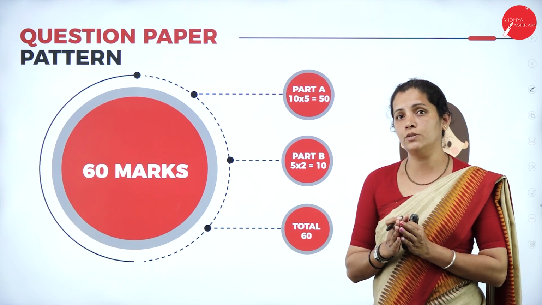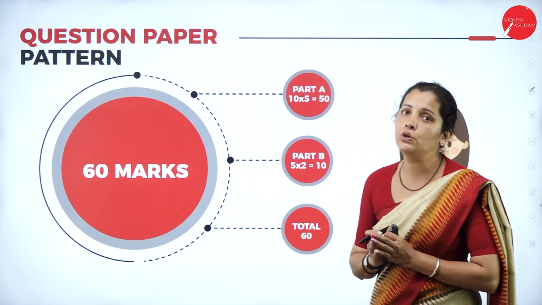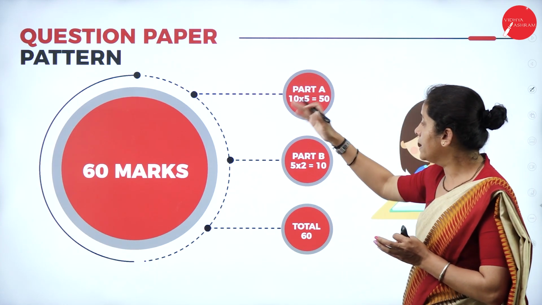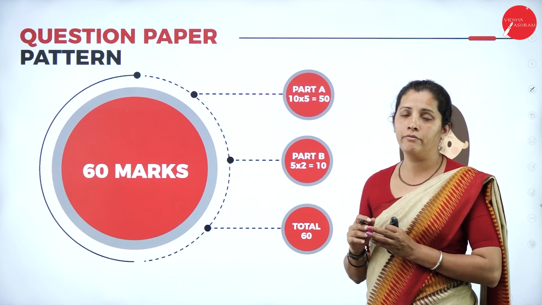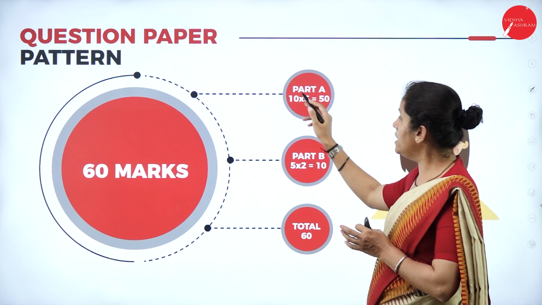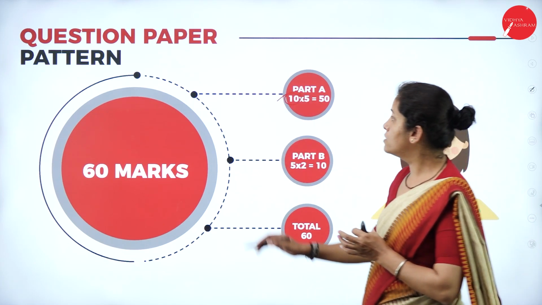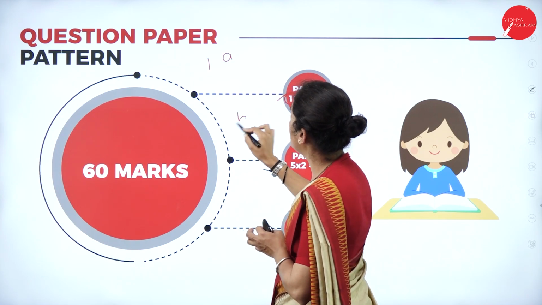How many units do we have? We have 5 units. From each unit you can expect 10 marks. So in Part A, I have A and here I have B.